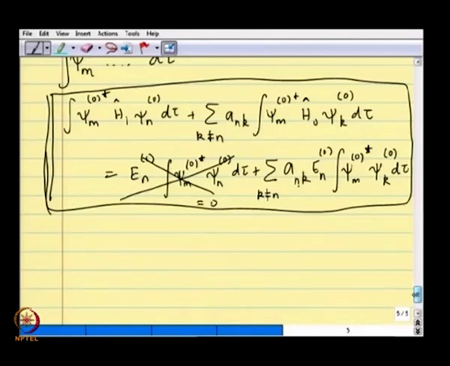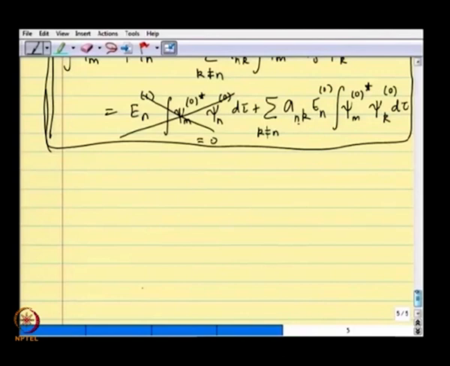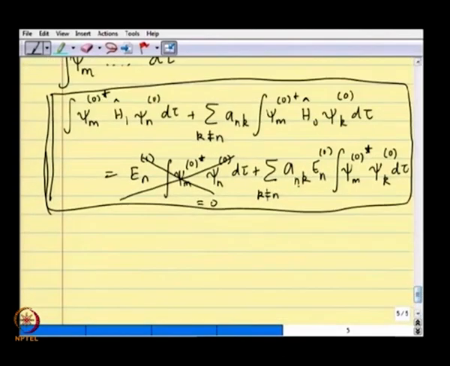This is the one that I left you with in the last lecture, namely the integral of psi m0 star H1 psi n0 d tau, plus the sum over k not equal to n of a term containing the coefficients a_nk, which we now have to calculate, and on the right hand side the corresponding terms. So, let us now complete this task of calculating the coefficients a_nk.